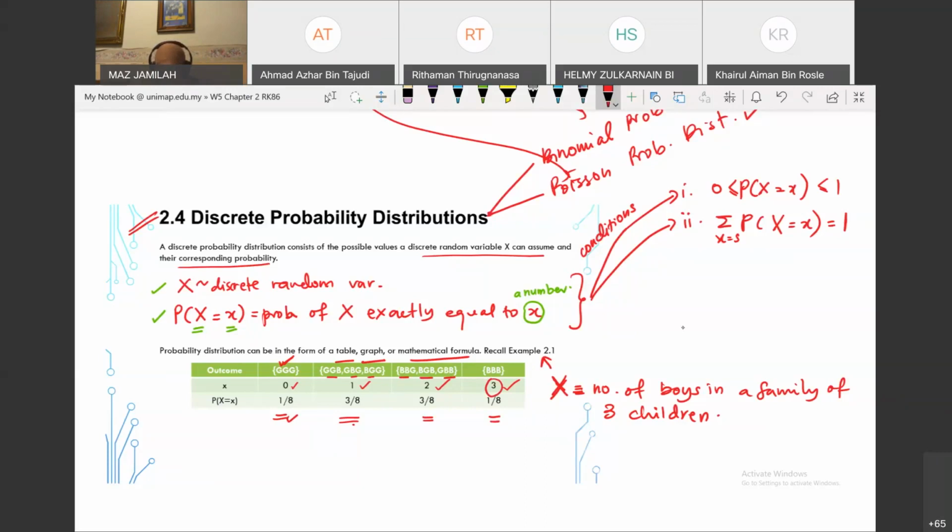Now check. Is the probability of each event between 0 and 1? Yes, yes, yes, yes. That fulfills condition number 1.